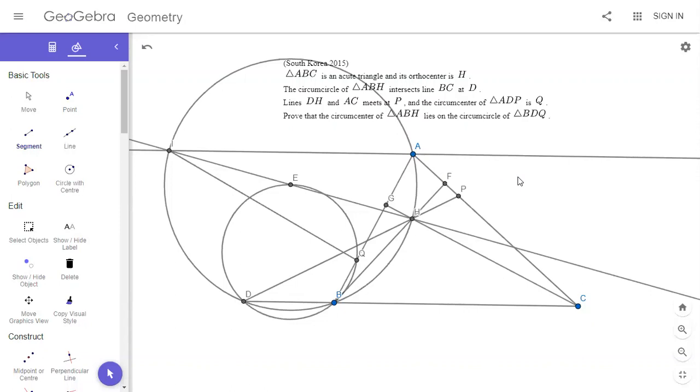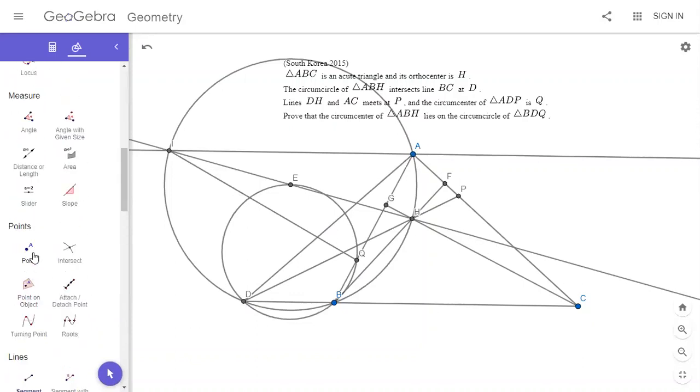Why did I think that? I wonder what angle D is. No, I don't think that's the right angle.